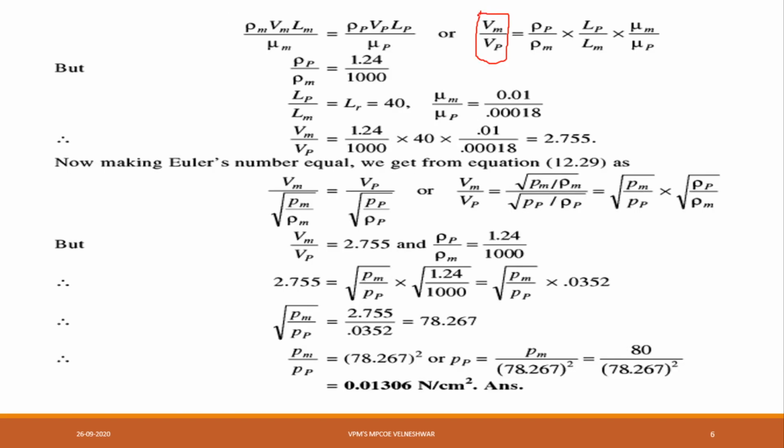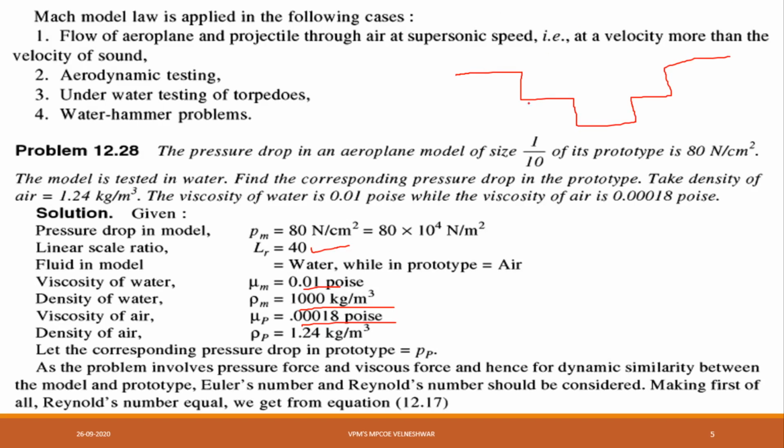That is, Vm by Vp is equal to rho p by rho m into Lp by Lm into mu m by mu p. Here there is a small typing mistake: Lp by Lm is not 10, it is 1 divided by 40.